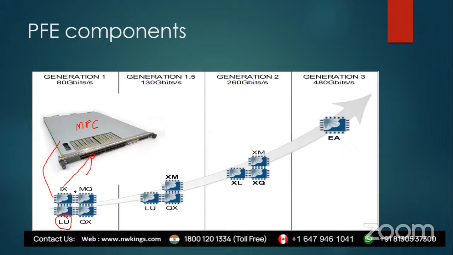If any packet arrives at me, I will check the destination IP address to see where I have to send this packet. Based on the IP address, you will know whether it is pointing to me or to another router. That process is handled by this lookup chipset. Each functionality has different chipsets located in the MPC line card.